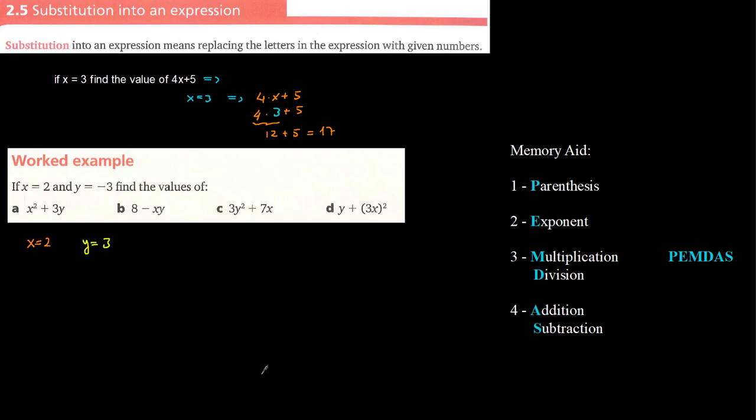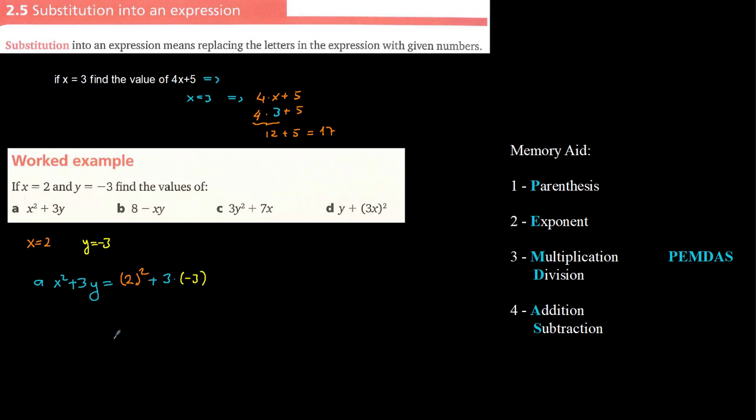If it is like that, it means x squared plus 3y is equal to 2 squared plus 3 times minus 3. It should be minus 3, not minus 3y.